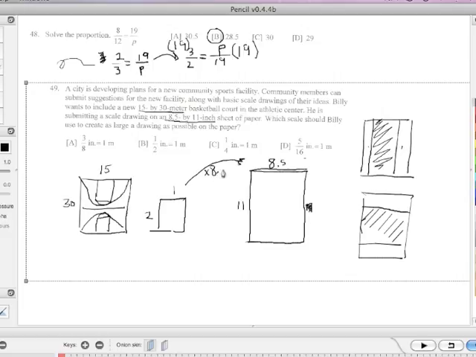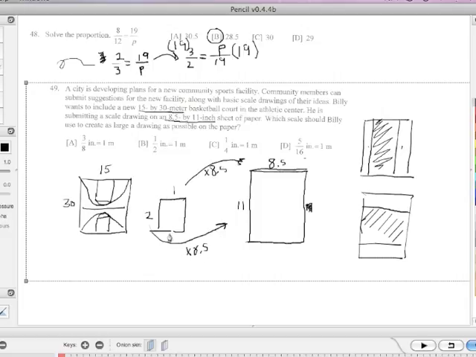But look what happens to the length. When you multiply 2 by 8.5, it's too much. It's 17. We've run out of area. So we're screwed if we try to max this out.